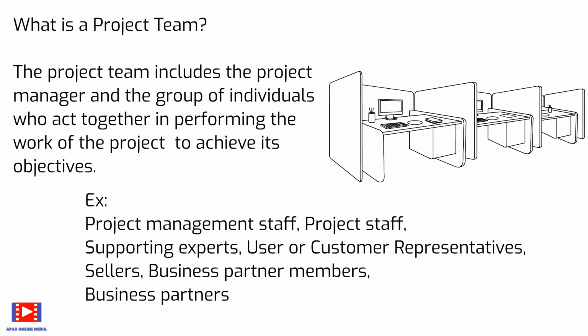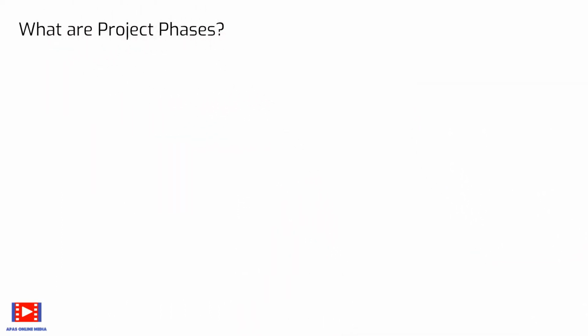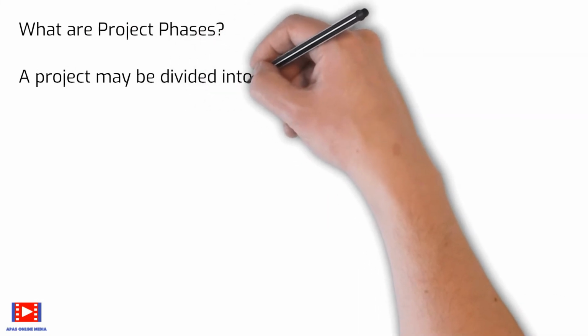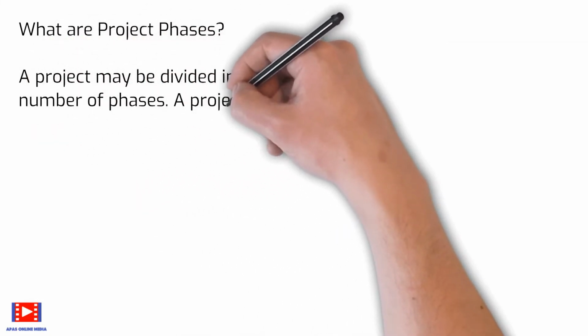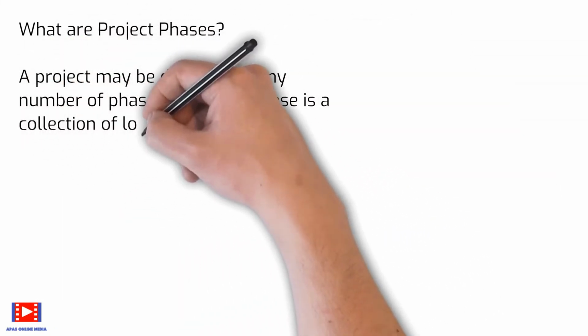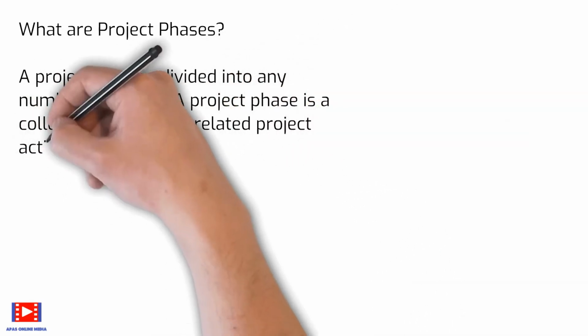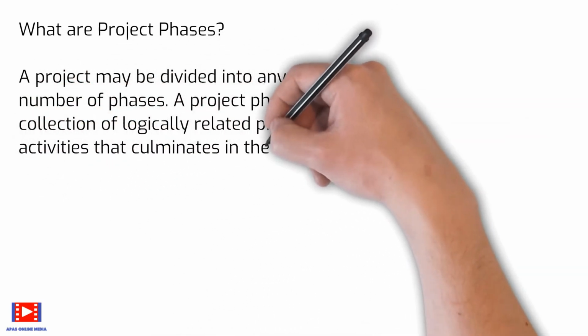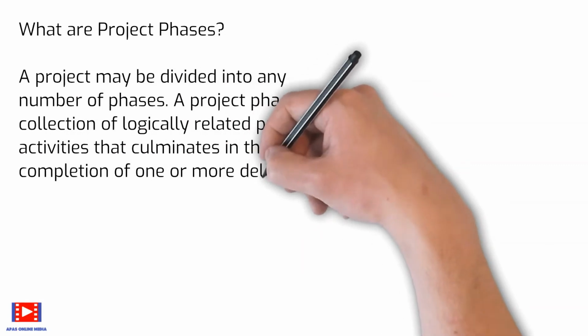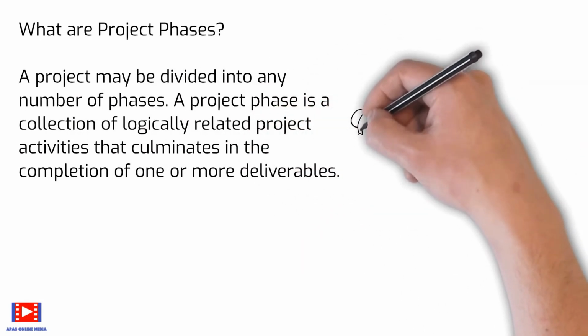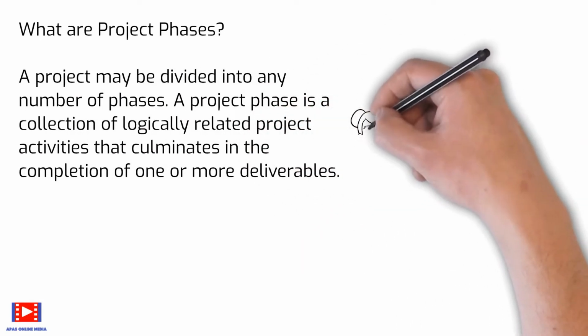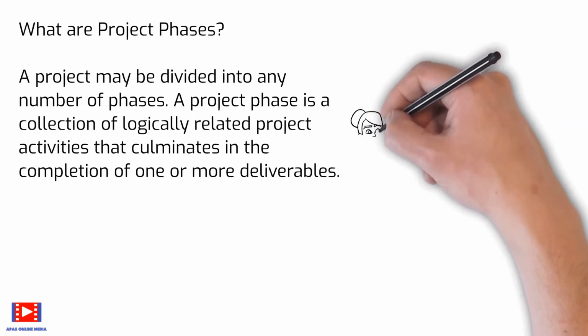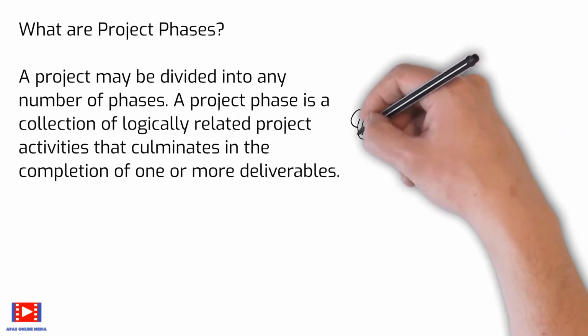What are project phases? A project may be divided into any number of phases. A project phase is a collection of logically related project activities that culminates in the completion of one or more deliverables.